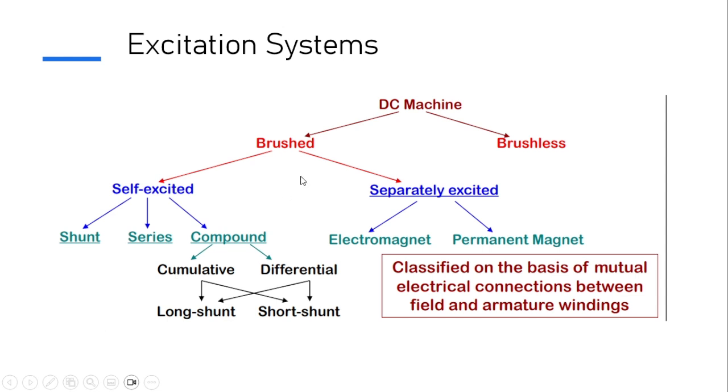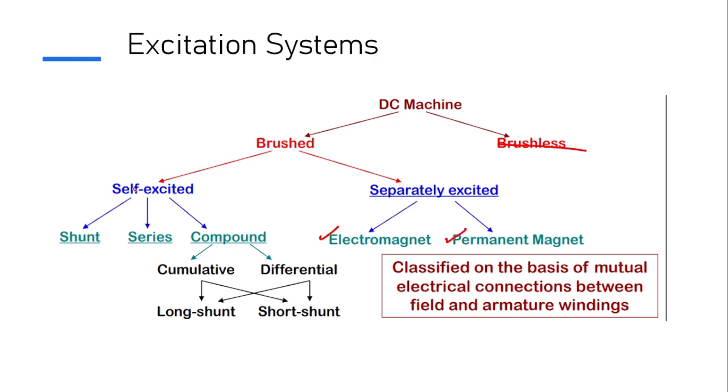Right, excitation systems. So you have DC machines, you have brushless and brushed. We're dealing with brushed, we don't need to do brushless, right? So you have two main types of excitation. You have self-excited and you have separately excited. So separately excited, in terms of the magnetic field, you could have an electromagnet and a permanent magnet.